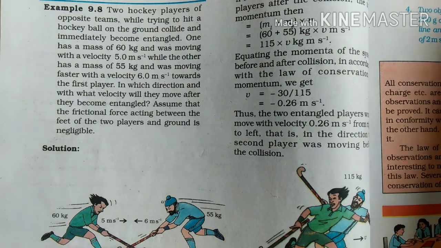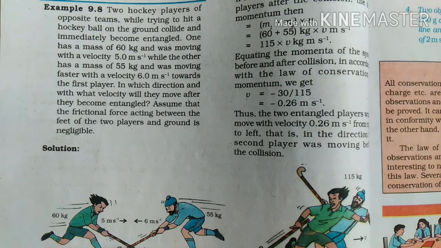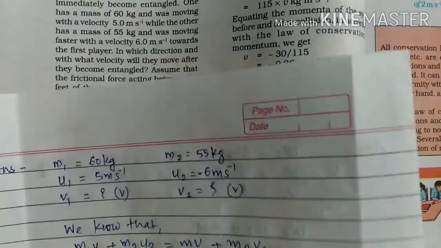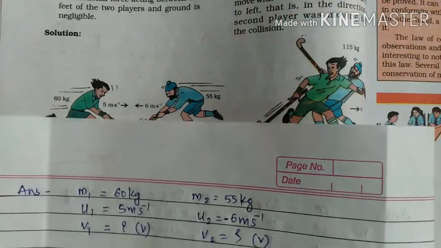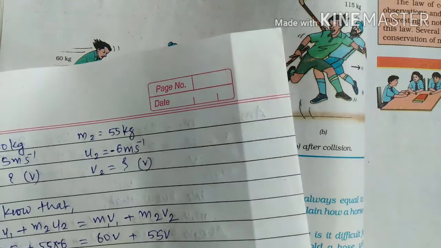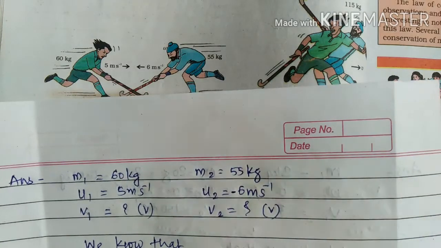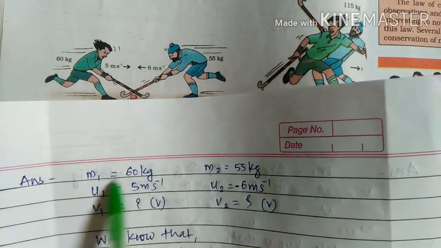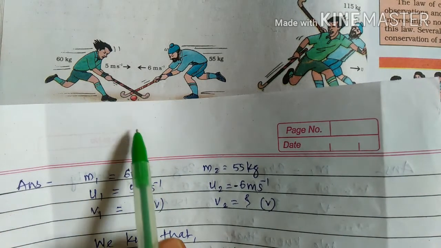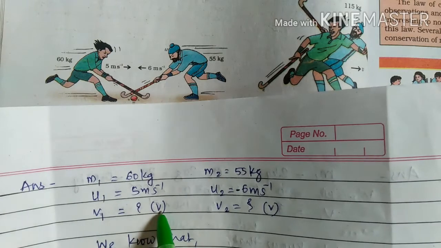For this question we will do the same way as we did in the previous two examples. First we take the mass of the first player, that is m1, and mass of second player, that is m2, and their velocities respectively. First m1 is 60 kg, its initial velocity 5 meter per second, final velocity we don't know, we have to calculate.